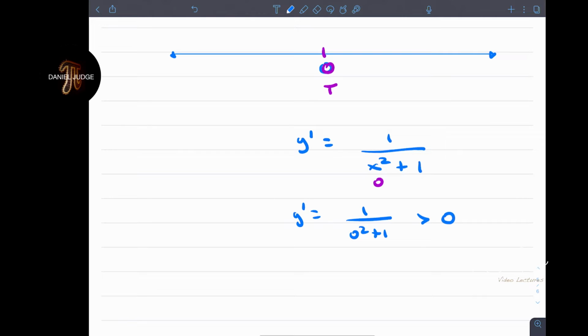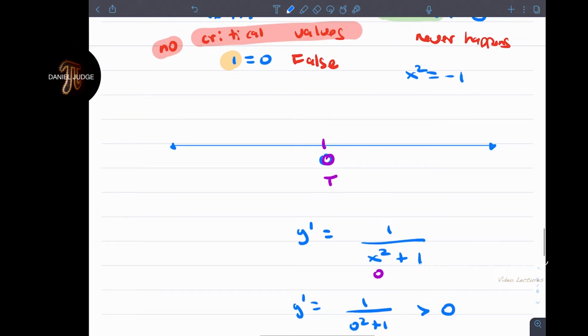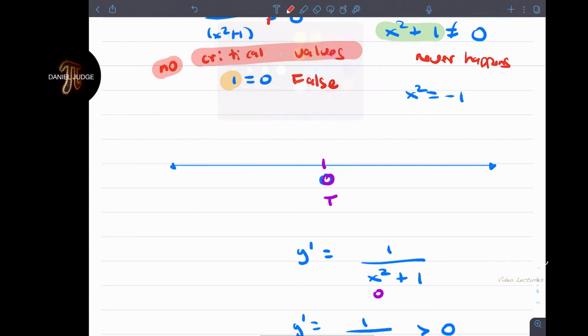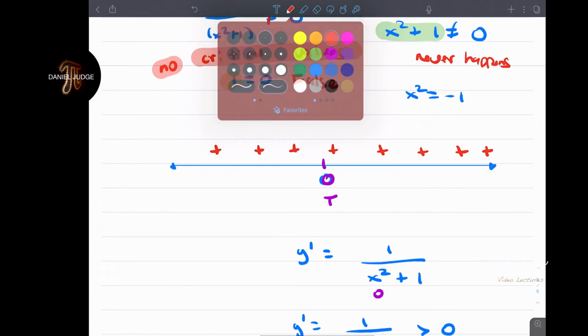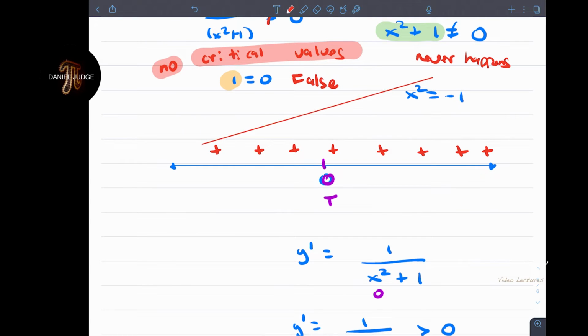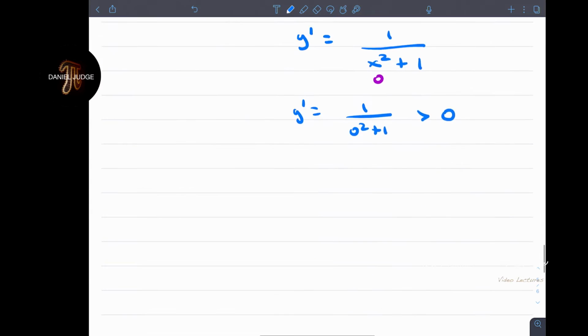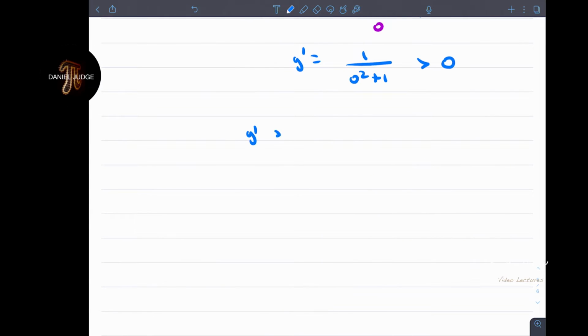That answer is 1, but it's positive. So here's what this means. You have simply an increasing slope on the first derivative, because this is sign analysis on that first derivative. That means the first derivative is always positive for all your x values.